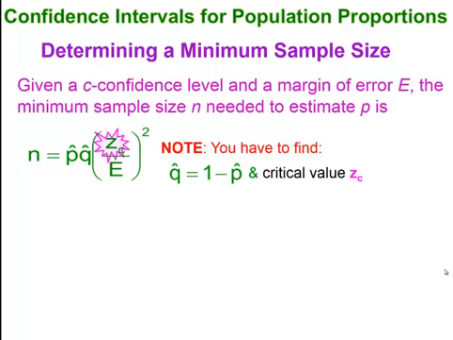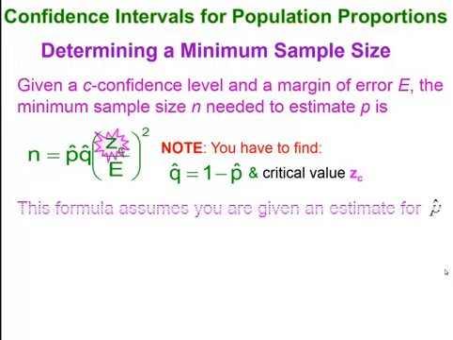A key note here is you will have to find your q hat, and to find your q hat, remember it's going to be 1 minus p hat, and you're going to have to also find that critical value z, which will be based on your level of confidence.